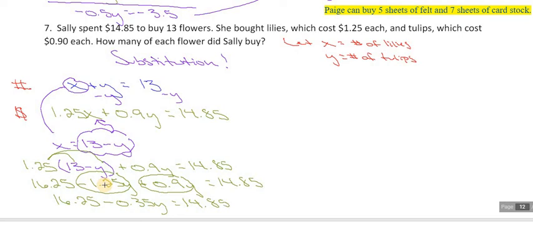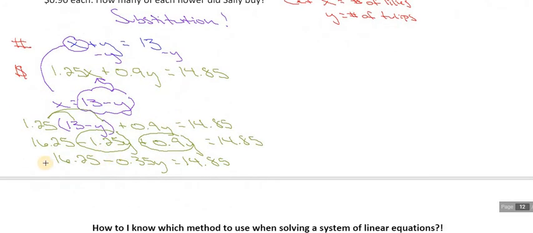Now I'm going to isolate my y's. So I'm going to take this 16.25, I'm going to subtract it from both sides. And when we do that, we end up, going over here, with a negative 0.35y equals negative 1.4.